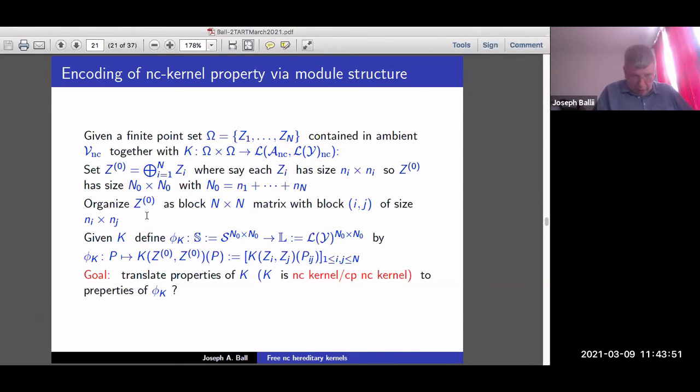And we can organize Z0 as a block n by n matrix with blocks, block ij of size n_i by n_j. And then, given our noncommutative kernel K, we can define a, what did I say S was?